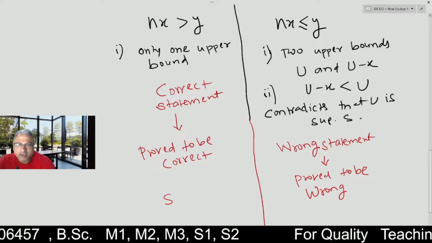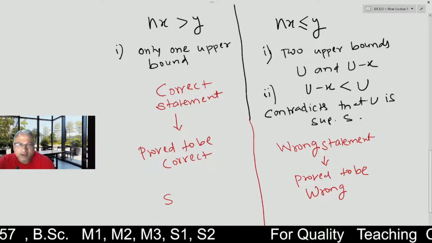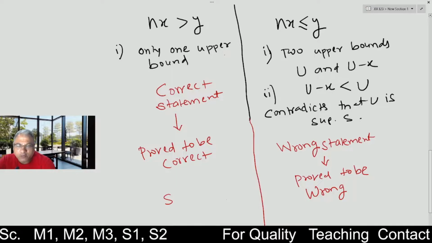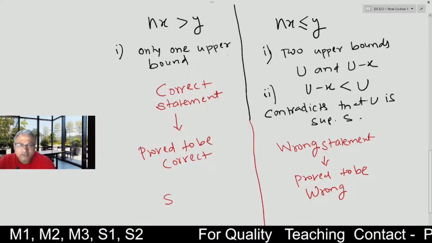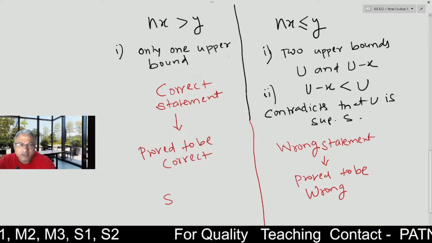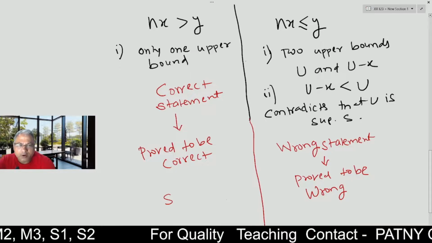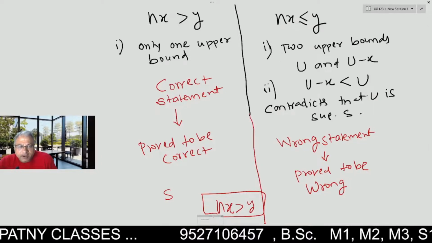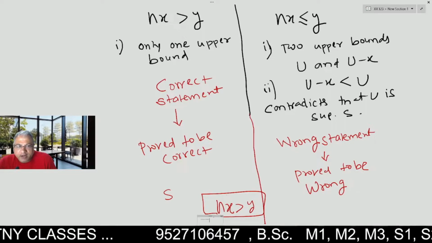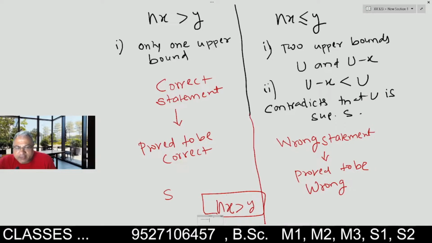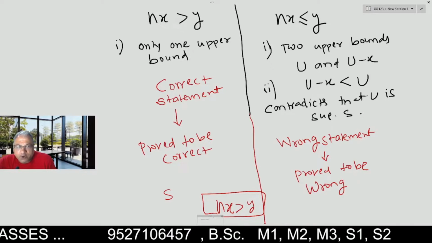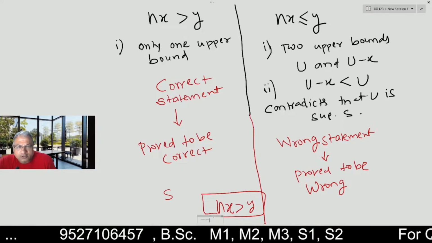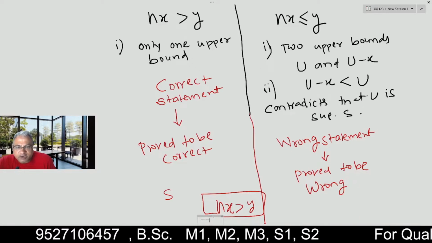Why is nx greater than y correct? Because nx smaller than or equal to y tells us that the given set has two upper bounds, u and u minus x, and u minus x is smaller than u. It contradicts that u is the supremum value of S. Therefore nx smaller than or equal to y is a wrong statement. Therefore nx greater than y is the correct statement.